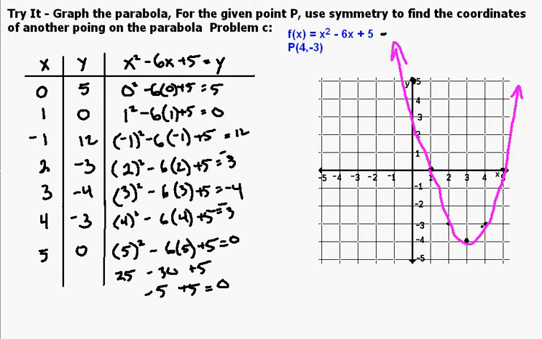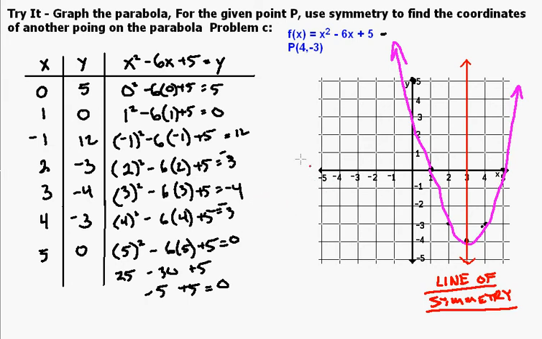If I pick my line of symmetry, which we'll put in red, it's going to be a vertical line, and it's going to go right through the vertex. So there's my line of symmetry.